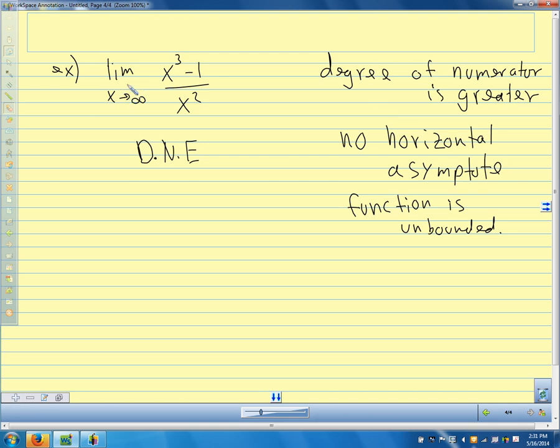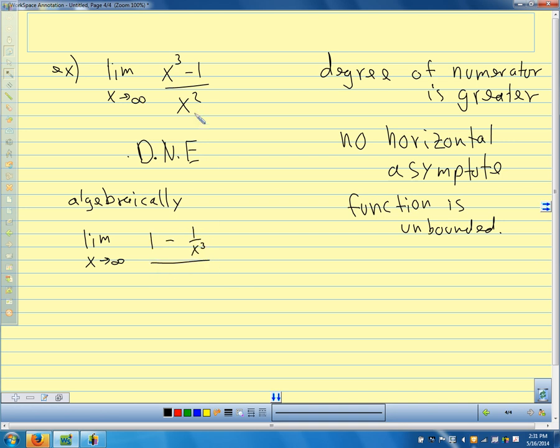If we wanted to show this algebraically, divide everything by the highest power in the function. So we're going to say the limit as x approaches infinity. Divide everything by x to the third. So I get 1 minus 1 over x to the third, over x squared divided by x to the third is 1 over x.